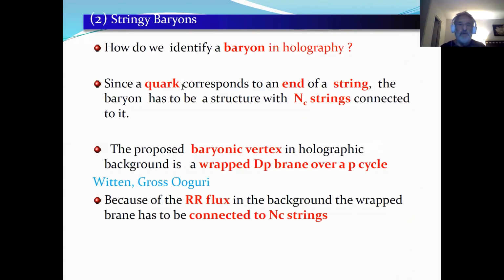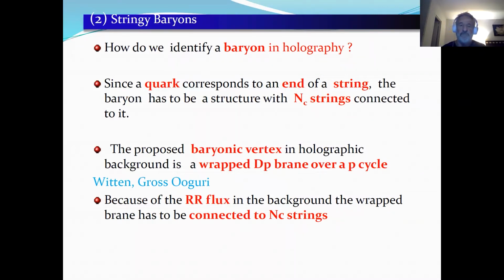Okay, now what about baryons? Since the quark corresponds to the end of the string, the baryon has to be a structure with N_C strings connected to something, and this something is what is called the baryonic vertex. This concept was initiated by Witten and by Gross and Ooguri, and they describe it in holography as taking a wrapped D_p brane that wraps a p-cycle.